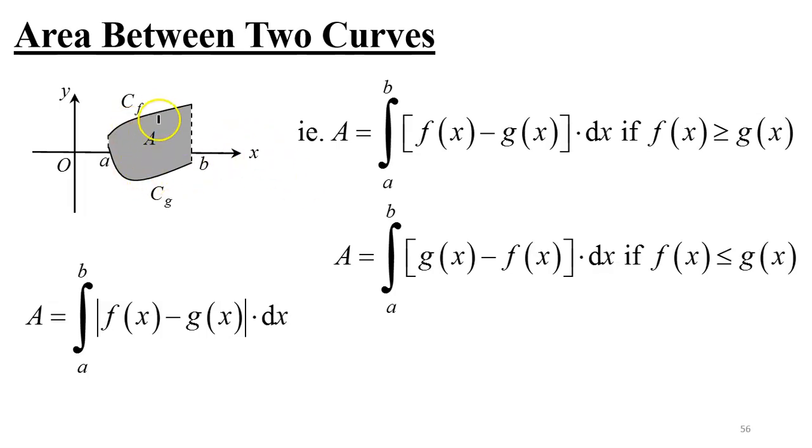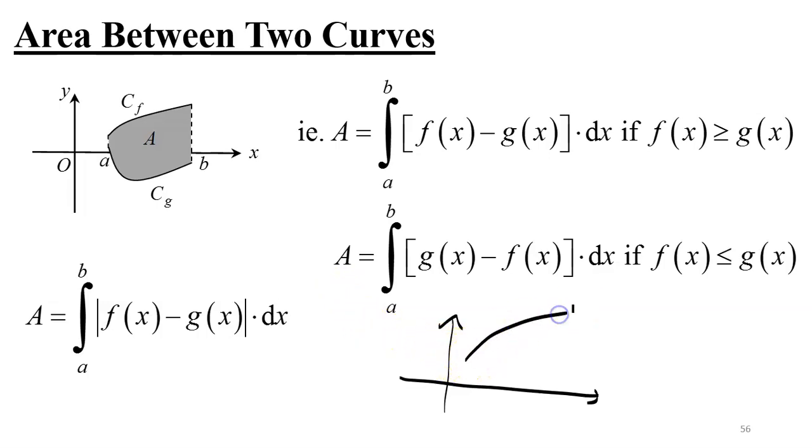So the area between two curves is in fact the integral of the difference of the two functions. For example, let's look at a quick example to illustrate why we consider the difference of the two functions in the integral in order to determine the area between two curves.